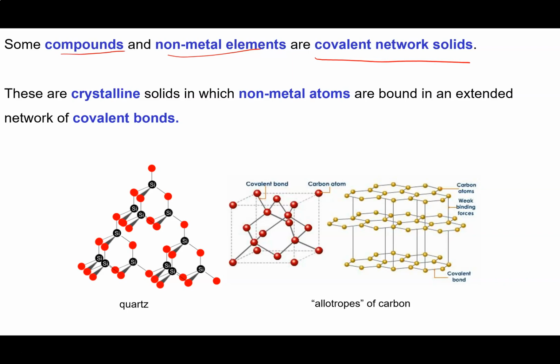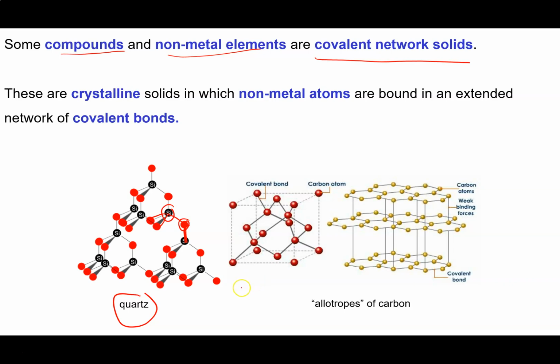Classic examples are silica or quartz, where each silicon atom is bonded to a tetrahedron of oxygen atoms, and each oxygen atom is bound to two silicon atoms. In this way we end up with a crystalline material with a network of covalent bonds that extends throughout the whole structure.